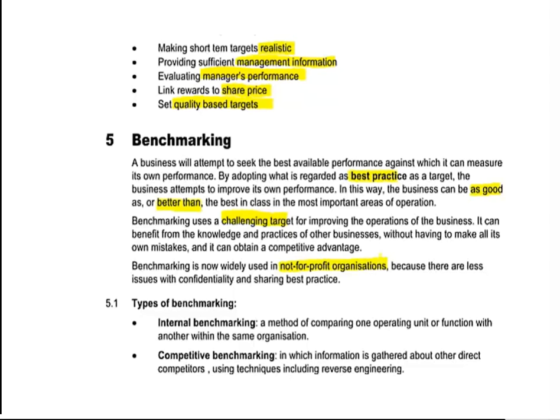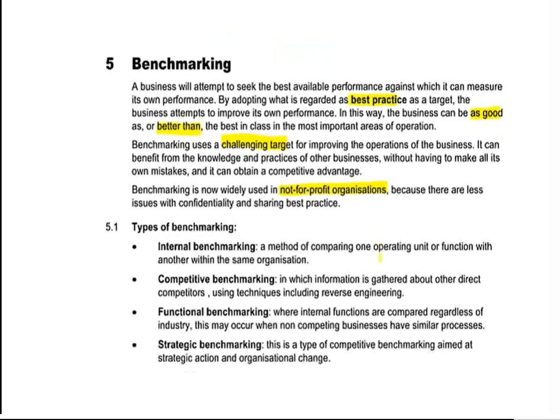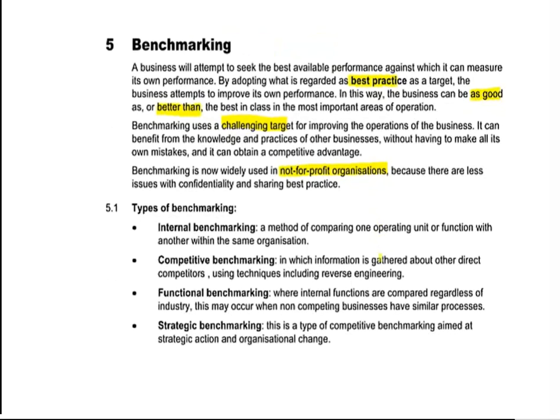There's less issues with confidentiality and sharing best practice. So you might see benchmarking taking place between local libraries or between different local authorities sharing information on how they provide services. There are 4 different types then of benchmarking that you need to be aware of.